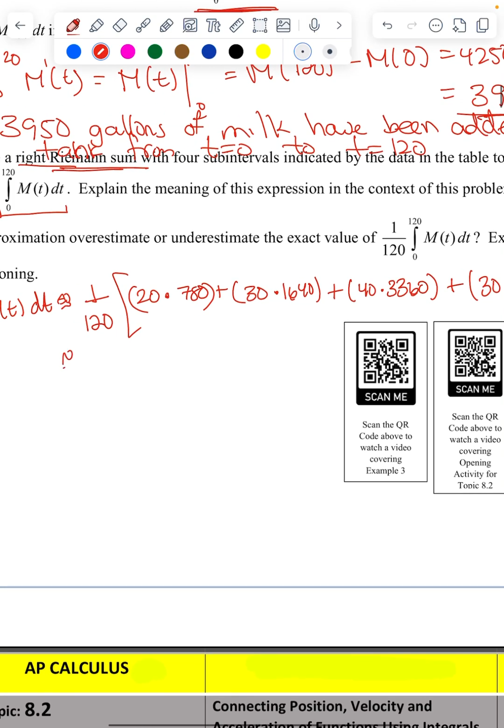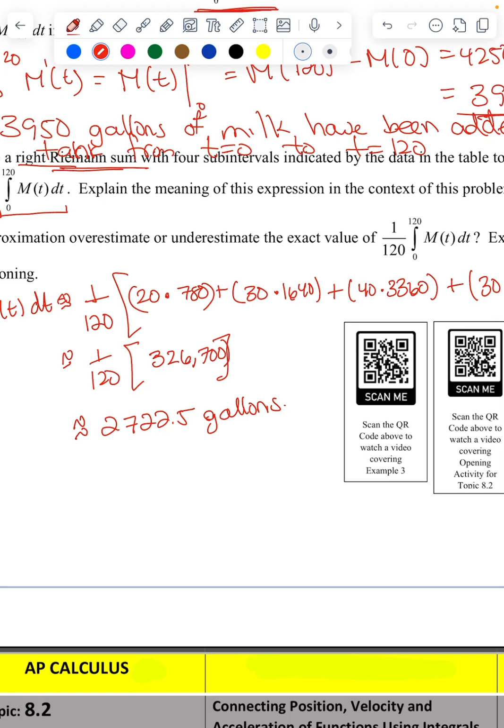So when you do this math, you got 1 over 120 times 20 times 780 plus all of this, you should get 326,700, which leaves you with 2,722.5 gallons.